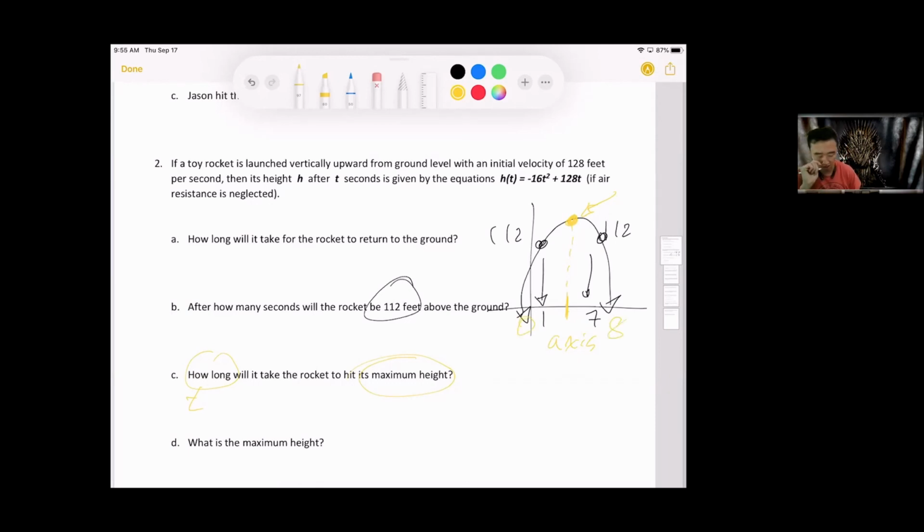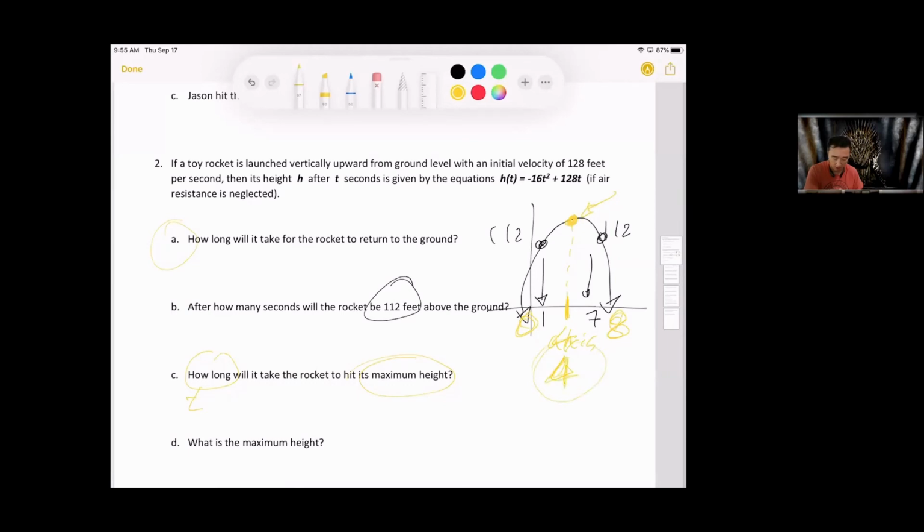Excellent, very good, Sean. You actually made it a lot easier than I would have. Because you know that this is 0 and this is 8, you just divided it in half and did 4. Very good.